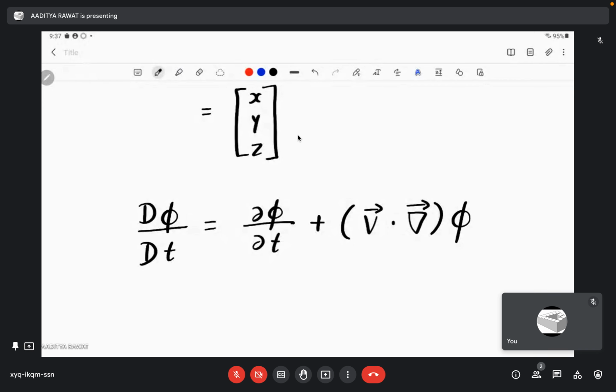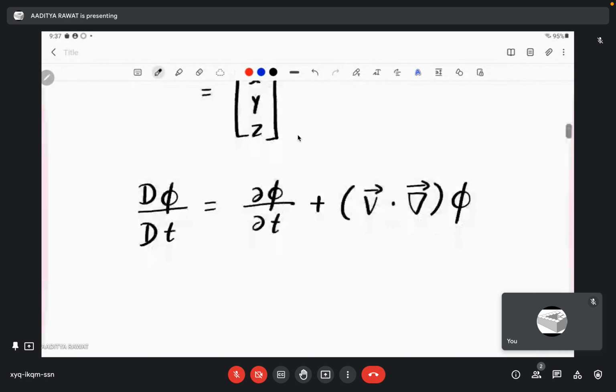So this is known for any variable in a flow field.